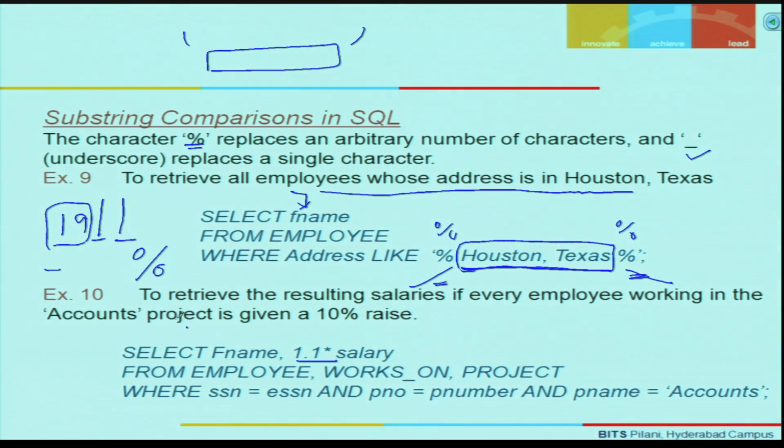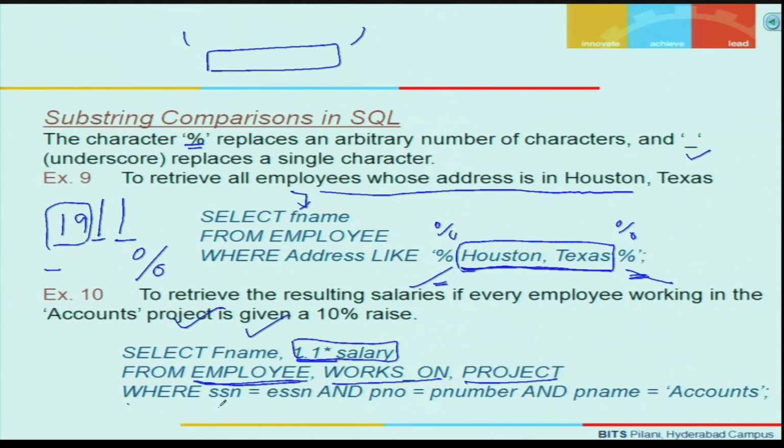That's why: select first name, comma, salary multiplied by 1.1 from employee, works on and project, because if you would like to know the employees who are working with the project accounts, first you go to the works on table, there you will find the project number, then go to the project table where you can find the project name. So I will need the employee table, works on table and then project table to get the result for this requirement. And in the where clause I will specify how to join these.